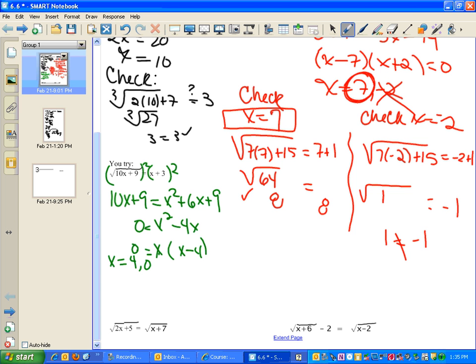And so now we check it. So you check x equals 0, and you have to check x equals 4.